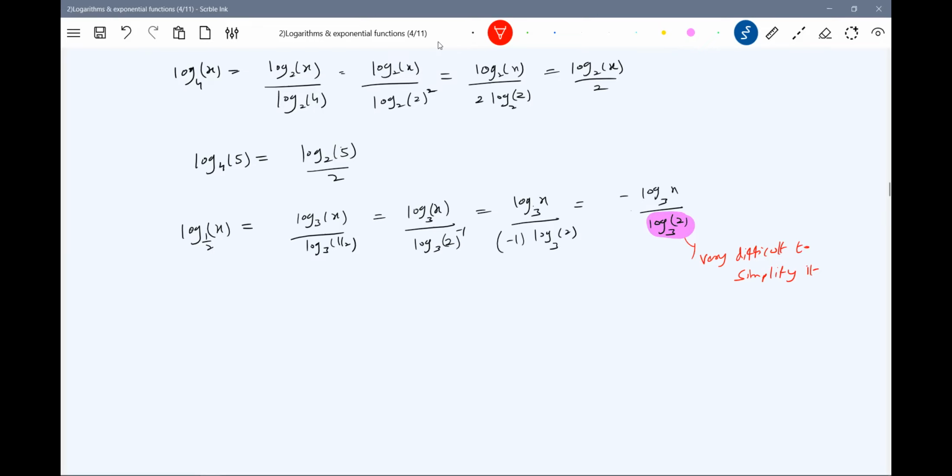So what is the alternative? The best thing is like the same thing. I'll take the common base as 2. Then this will become log 2 to the base x, and this will become log 2 to the power of -1 to the base 2.